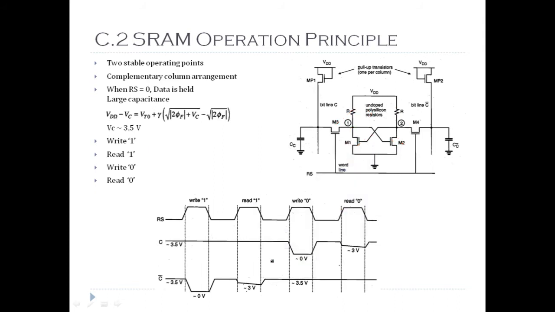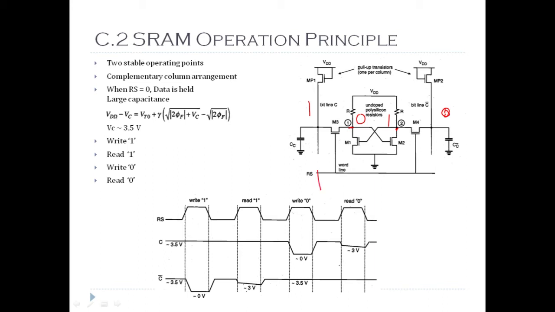Now let's look at the write 1 operation. When write 1 operation is to be performed, let's assume 0 is stored. So here we have 0 and here we have 1, or the voltage at node 1 is 0 and the voltage at node 2 is VDD. Now when we want to write 1, VDD voltage is applied here and 0 volt is applied here.